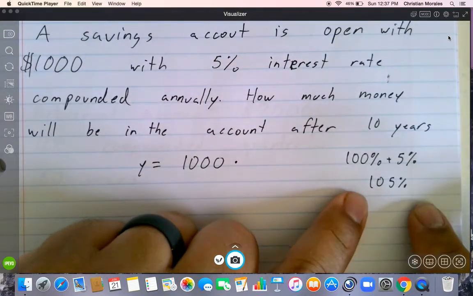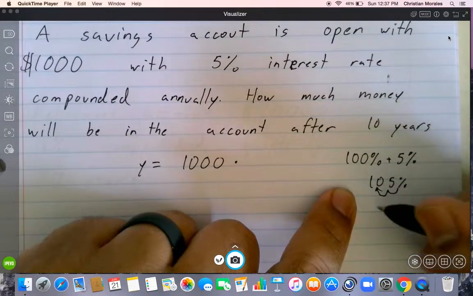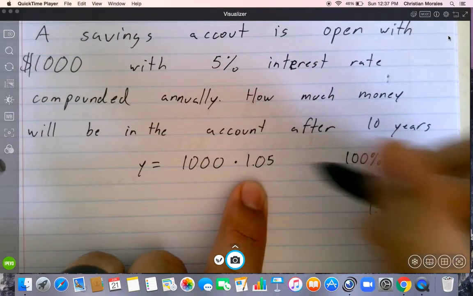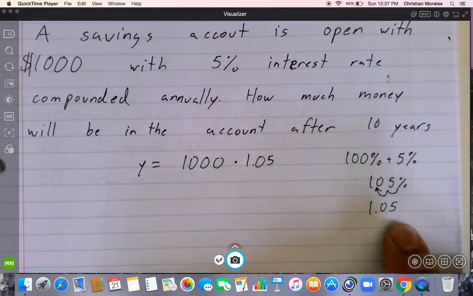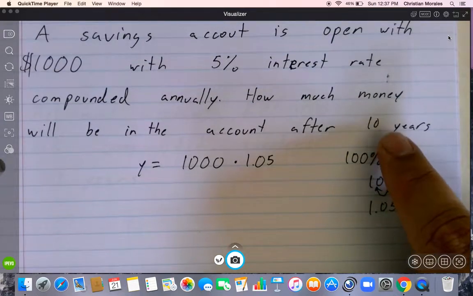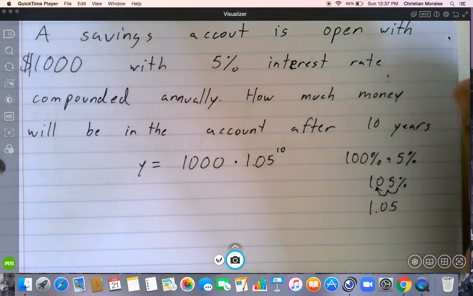Now remember how I told you to turn this into a decimal? We're going to move the decimal point twice, 1.05. Now, how many times is this going to happen? How many times will you get 5% back? 10 times. Because every year, for 10 years, you're going to get interest back. And that's our equation. Okay?